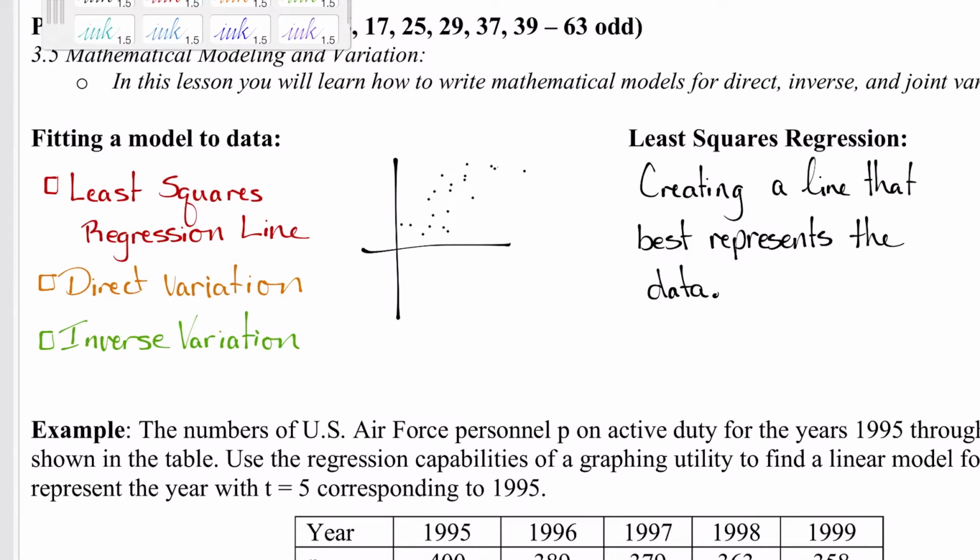We start to figure out, okay, this looks like it has some kind of pattern. It looks like it's going in an upward direction. I could draw this line and it goes through the middle of a bunch of them. I could use this line to represent my data, or represent what's happening, or maybe even tell the future. So we use this thing called a least squares regression line.